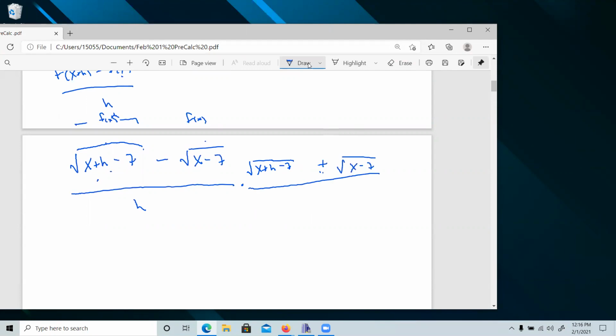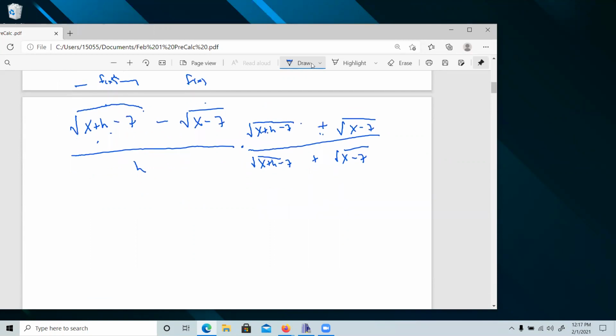And then I can't just multiply by something like this, right? We have to divide by it too. So even though this is a scary and horrible looking thing, it's just 1, because we have thing over thing. Then we multiply through by this, so we have this square root times that square root. Since they're the same thing, we just write down x plus h minus 7.